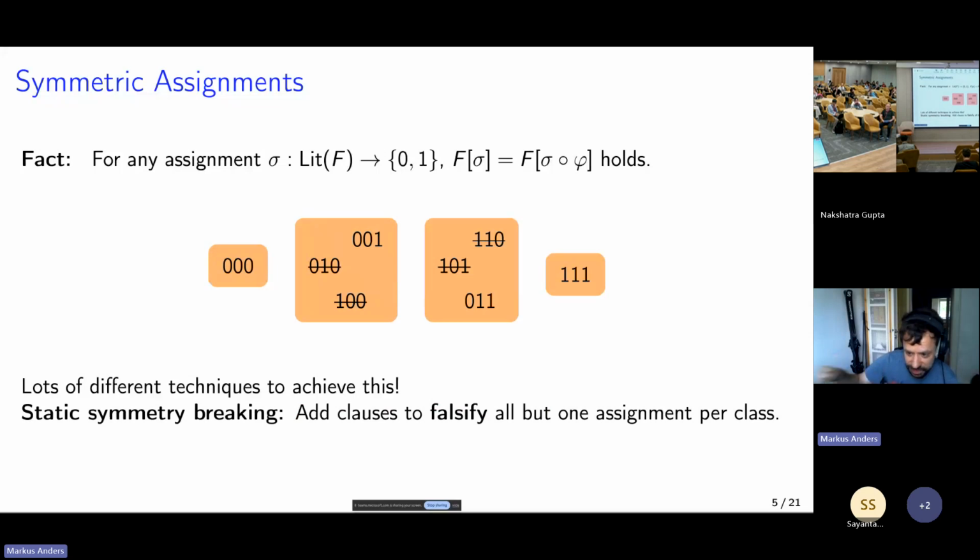So all of these assignments that I've crossed out, we will just try to add clauses that falsify them so that the only satisfying assignments are the ones, such that only 1 per equivalence class is left. And in particular, note that the ones I've crossed out here, they are precisely the ones that are not the lexicographically smallest string. And this is precisely the idea that we're going to use.